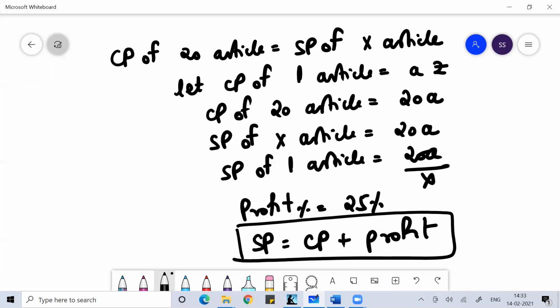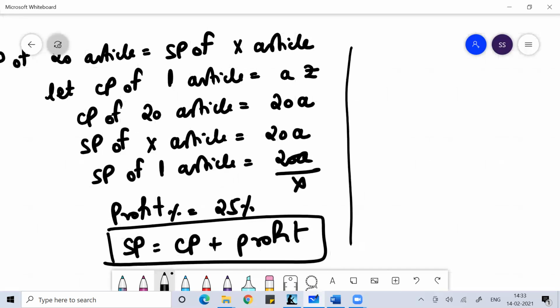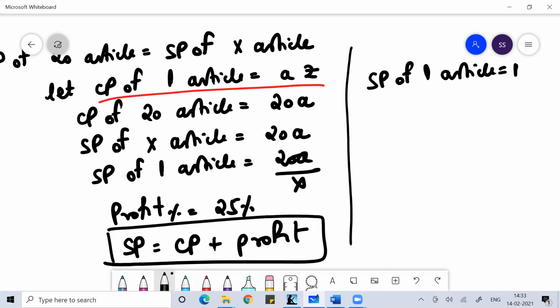So if the cost price of one article is A rupees, and the profit is 25%, then the selling price of one article will be 1.25A, or you can write 5 by 4A, and that is equal to 20A by X.